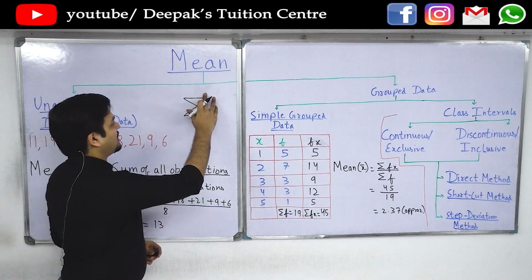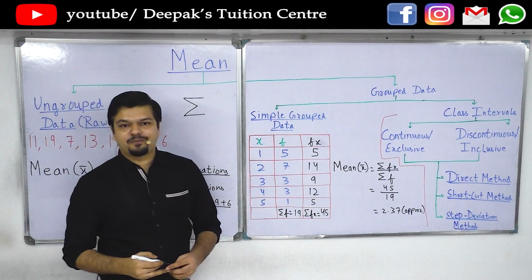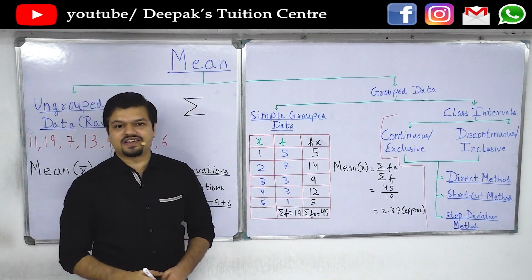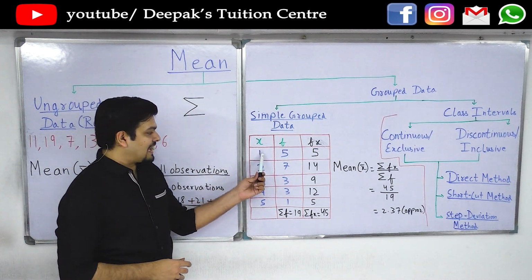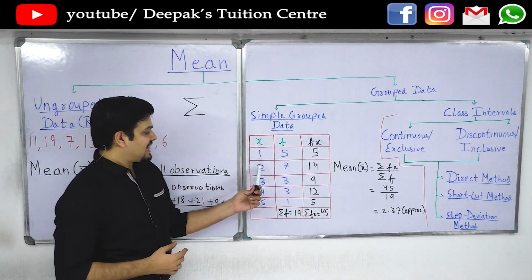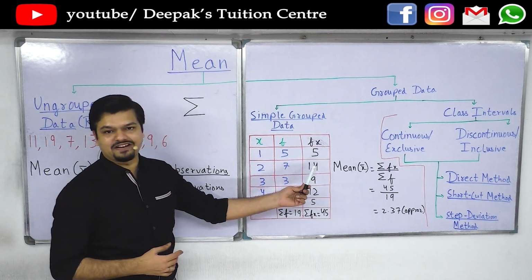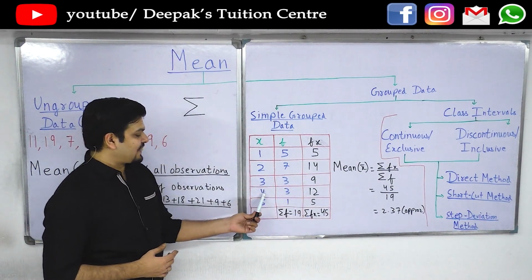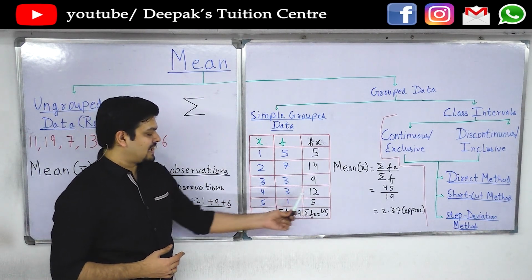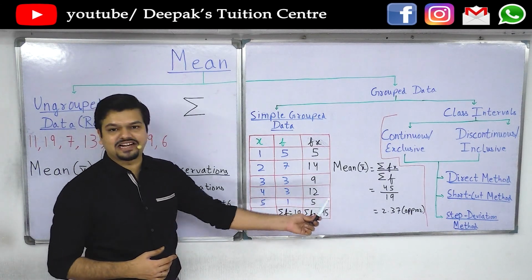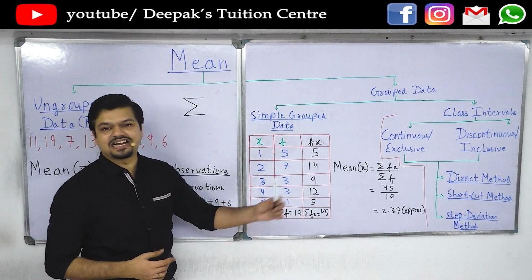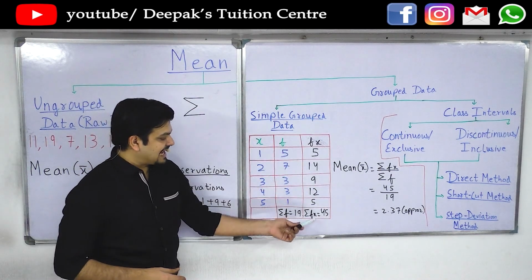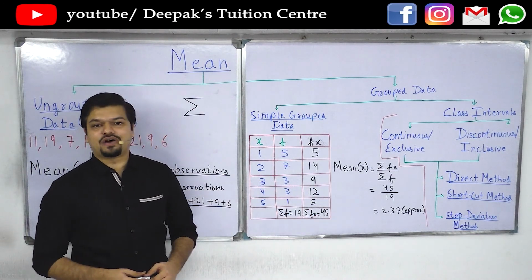If I add 1 five times, that is 5. If I add 2 seven times, that is 14. If I add 3 three times, that is 9. If I add 4 three times, that is 12. And if I add 5 one time, that is 5. Then the total I get for this column is 45.